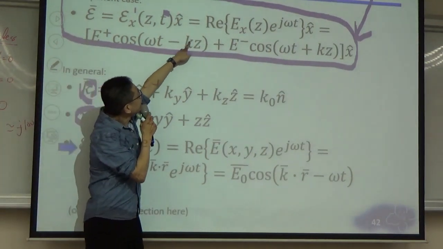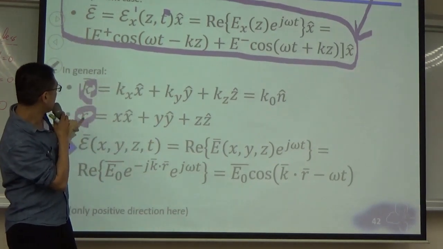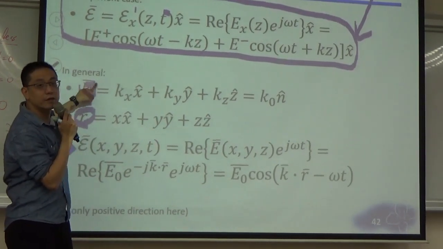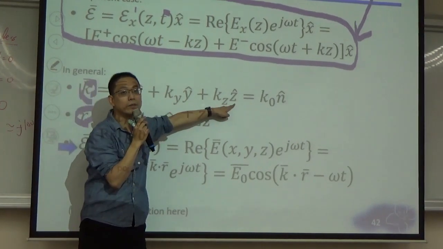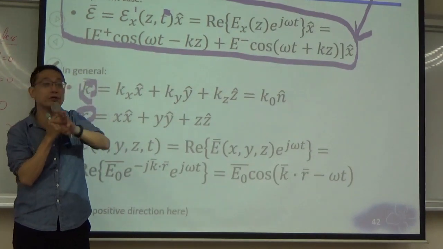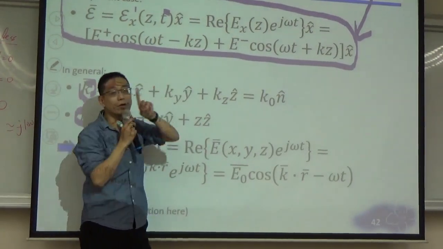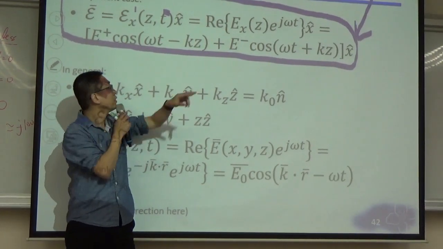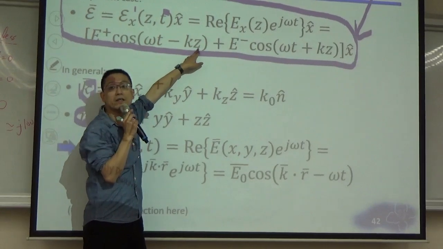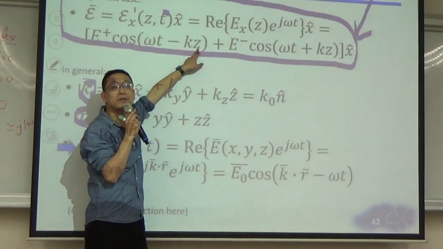For this K, we are talking about something here, but you have extra x, y, z because you have three directions, so you need to write them out. But here, you have only one direction, only z. You don't need to worry about mixing them up.